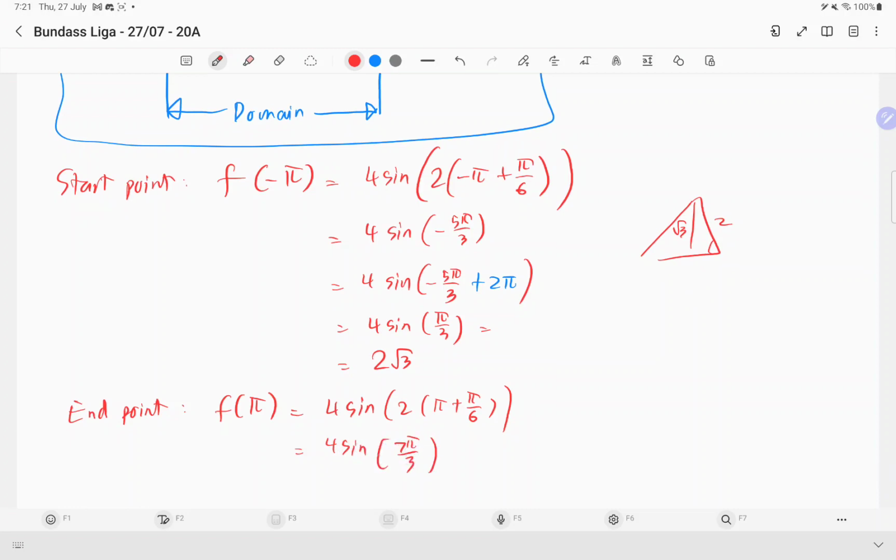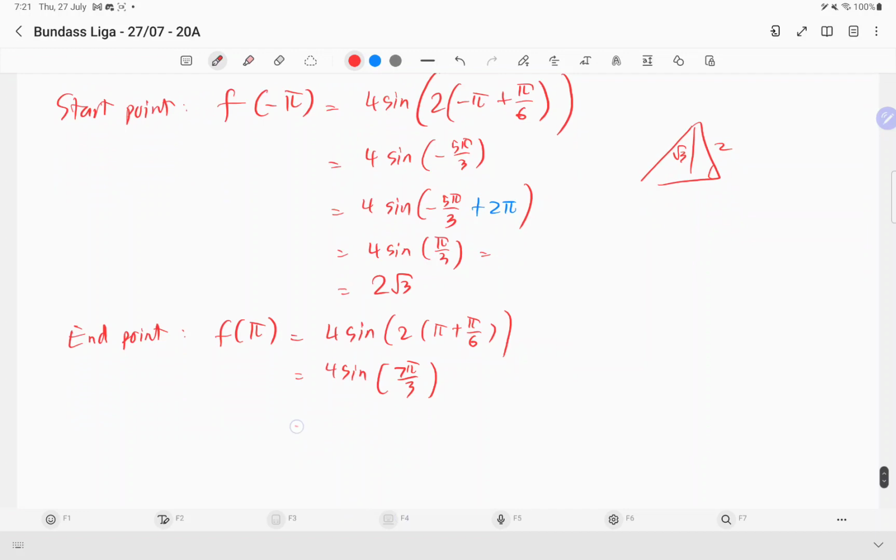How do we deal with sine of 7 pi over 3? You minus 2 pi, yes. You either add or minus 2 pi and the sine value is still the same. Any question, Emily? No. So you minus 2 pi, and 2 pi is just 6 pi on 3. So that will be 4 sine of pi on 3 again, and that will be the exact same thing, which is 2 square root 3.